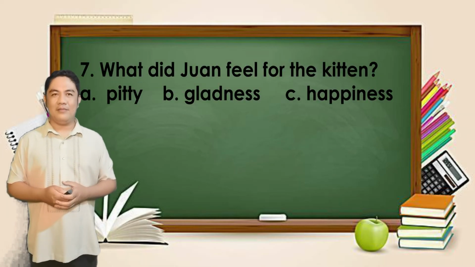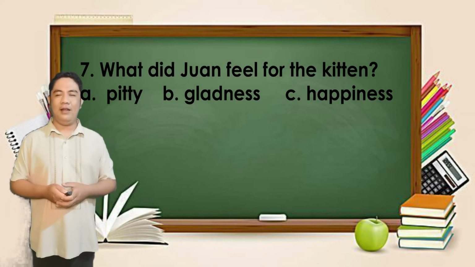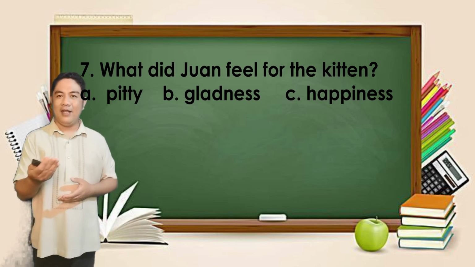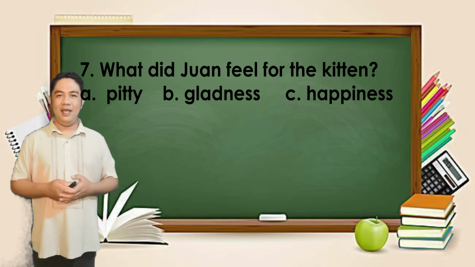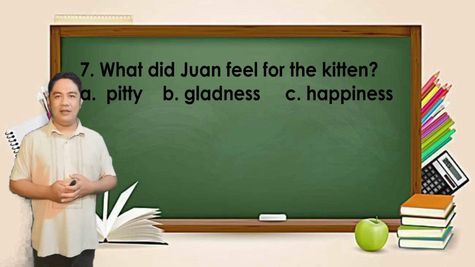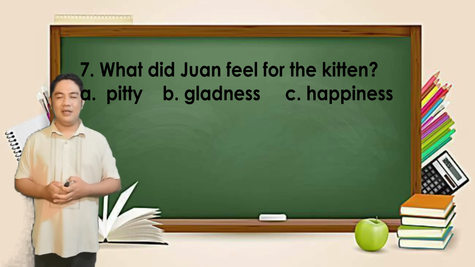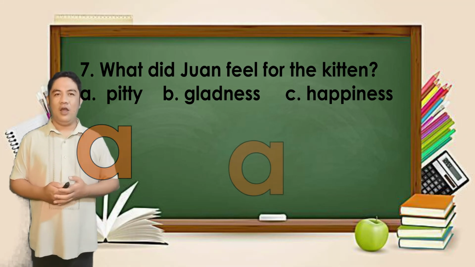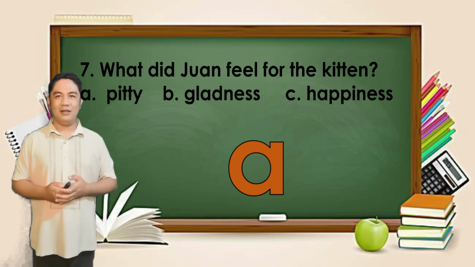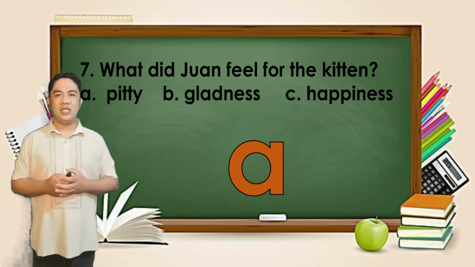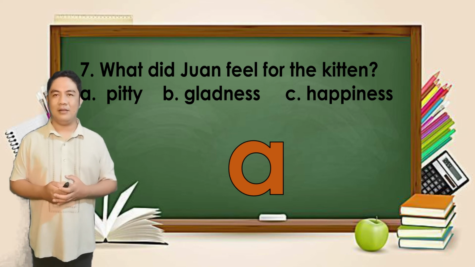For number 7, what did Juan feel for the kitten? A. Pity. B. Gladness. C. Happiness. For number 7, the answer is letter A. If we are in the status of Juan, normally we feel pity to the situation of the cat.